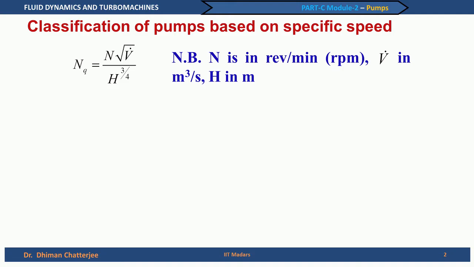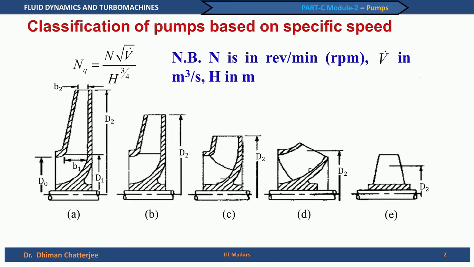I once again want to reaffirm that if we use the definition of NQ as I have given for the specific speed of pumps, we need to be very careful about the units, because NQ has a unit, which is RPM in this case. We have also seen that as specific speed increases, like we see from A to E, the shape of the impeller changes.